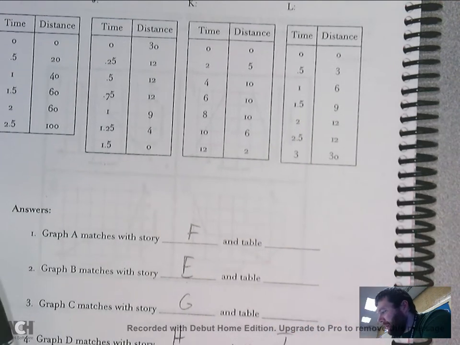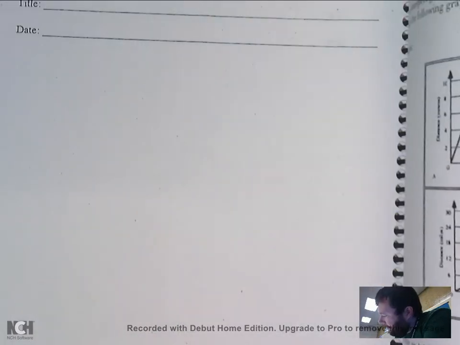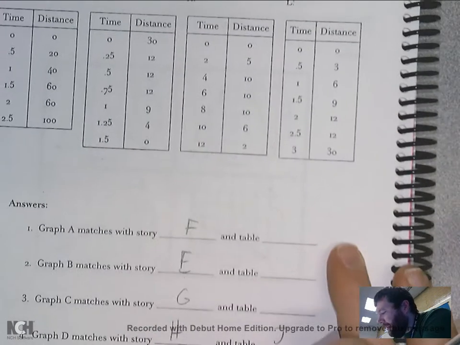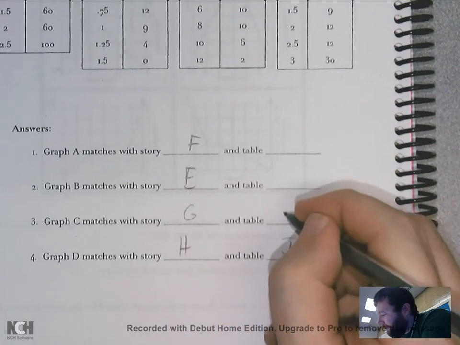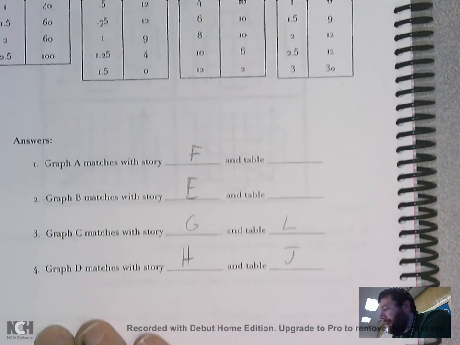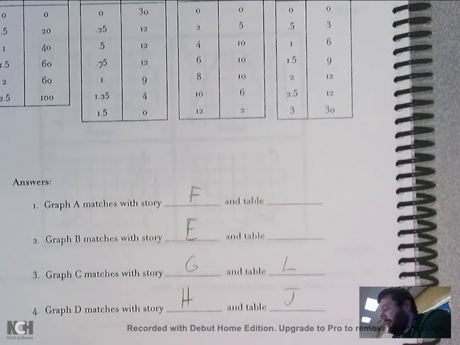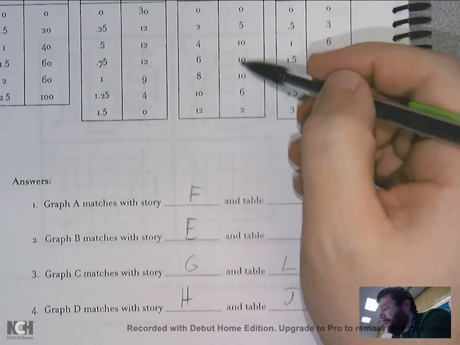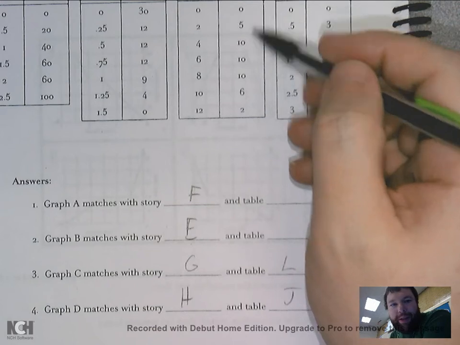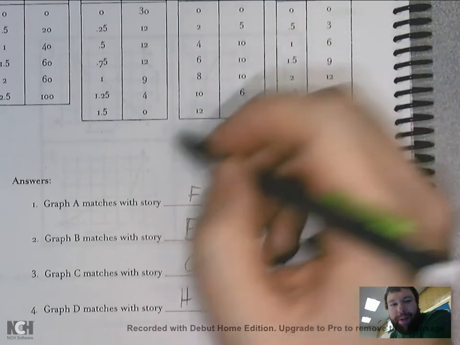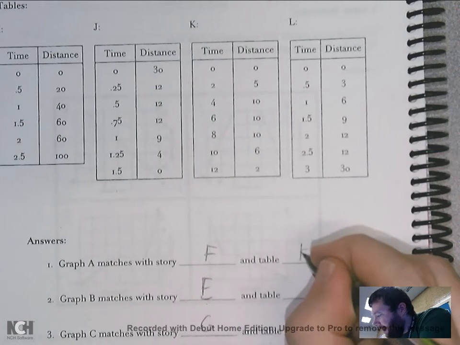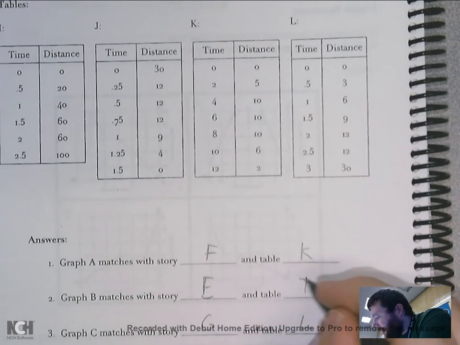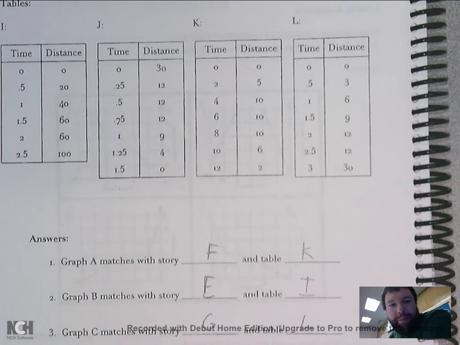And that was graph C. So that means C matches with L. Okay? And then this is the only one that comes back towards where they started. So that is going to be the one that has to match with graph A. So that's K. So K would match with graph A, which means I matches with graph B.